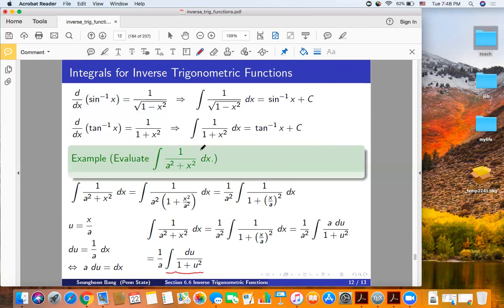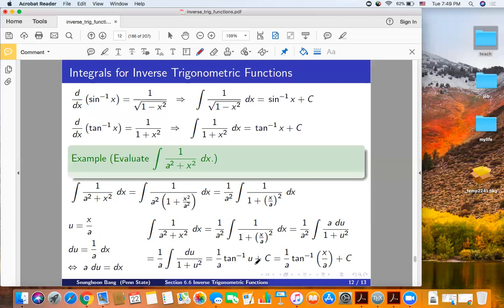We use this rule: replacing x by u, it is exactly inverse tangent of u. Next, change back. u is x over a. You plug x over a into here. The final answer is 1 over a times inverse tangent of x over a plus c.